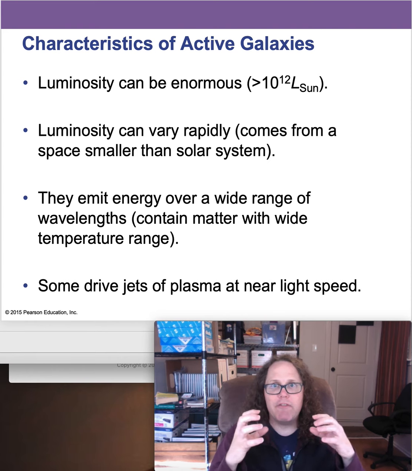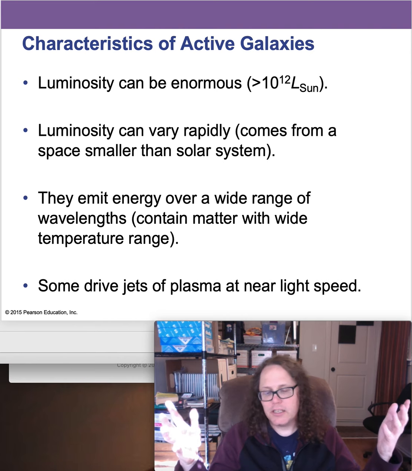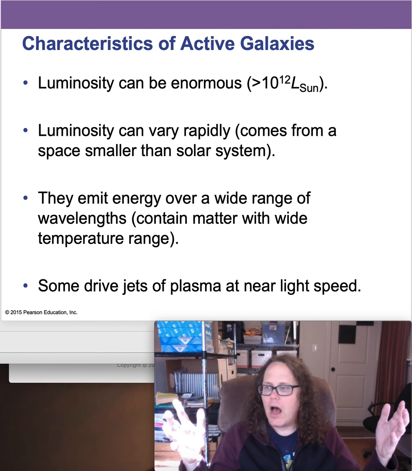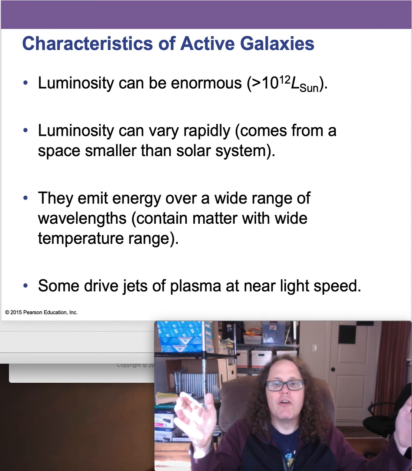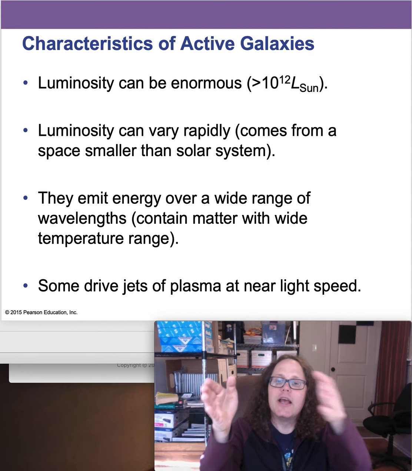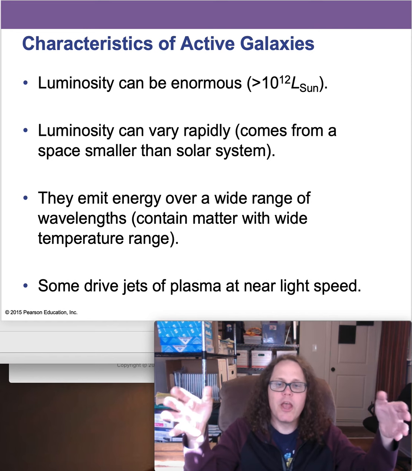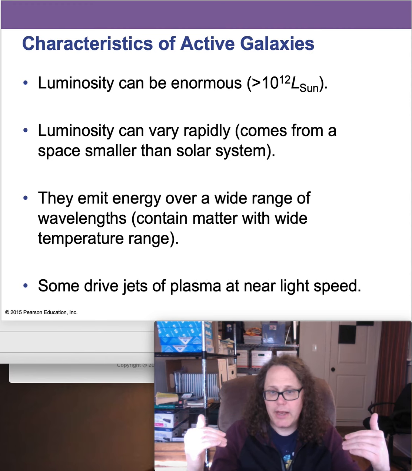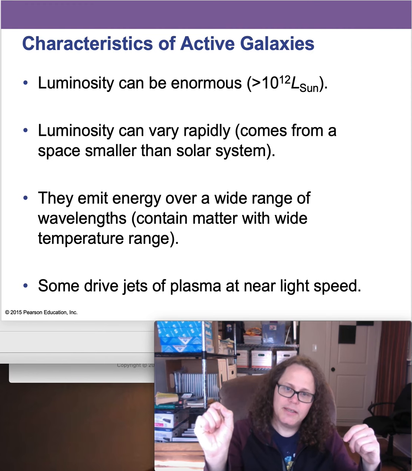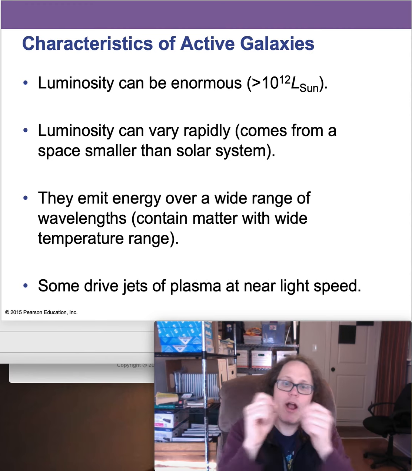Because if a thing were really large, like the size of a whole galaxy, for example, since our galaxy is 100,000 light years across, it would take 100,000 years for an increase in luminosity to travel from one side to the other. So a large object brightens and dims slowly. But a small object, like a quasar, can brighten and dim very quickly because it doesn't take long for an increase in luminosity to travel from one side to the other. I should say from the center to the edge.